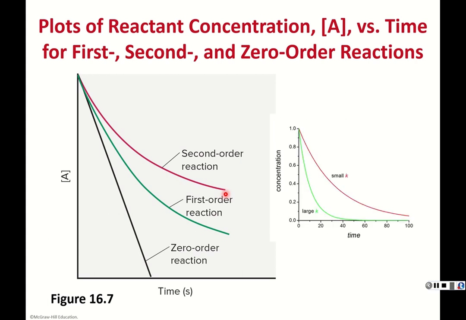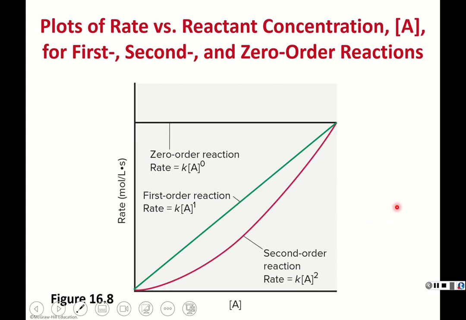How K affects it is shown here. With a larger K, these exponential curves start off faster and have more depth than for a small K. We can also plot rate versus A concentration.